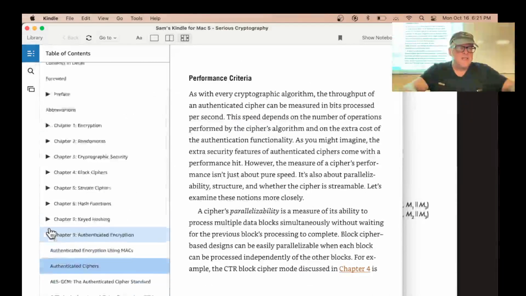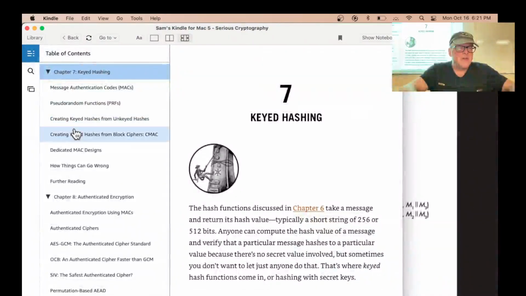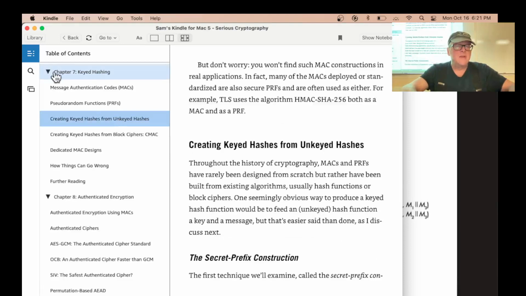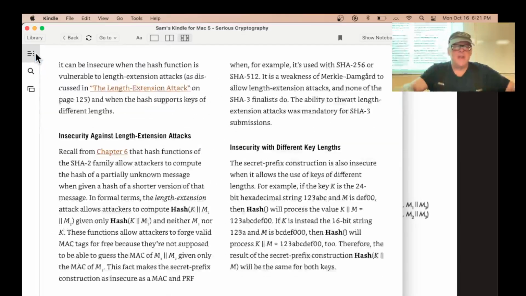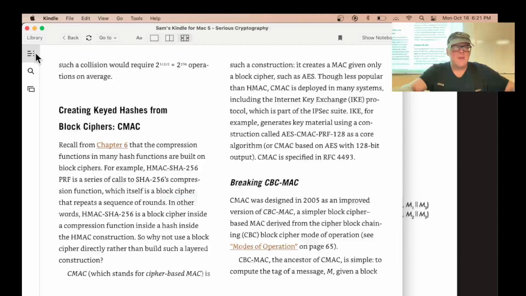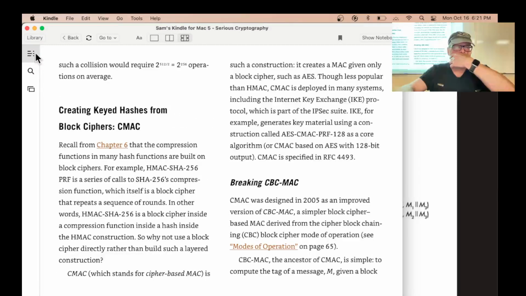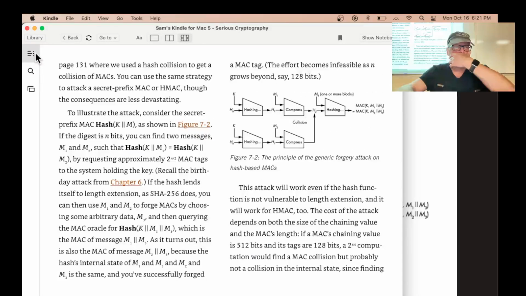All right, so a generic attack. It'll be around here. I don't know what this 128 stuff is. Okay, HMAC. Two to the n over 2 tags, right?